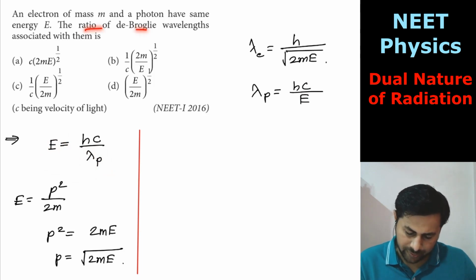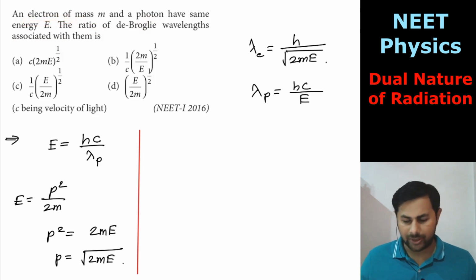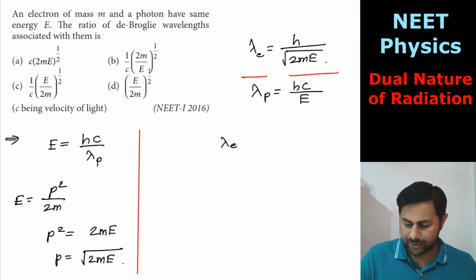So you want electron to photon or photon to electron? Electron to photon, right? We want the ratio of wavelength of electron to wavelength of photon. So just divide this, okay? Then we get lambda of electron divided by lambda of photon is equal to, h will get cancelled, right?